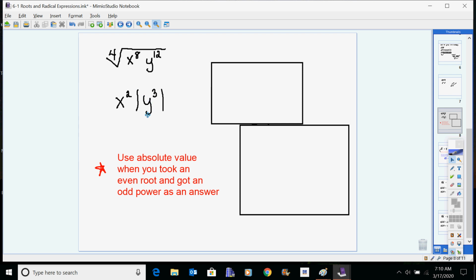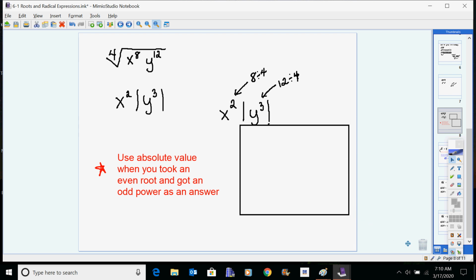So if we cube it, and since we don't know if it's positive or negative, the last little technical step would be to put absolute value bars around anything if you used an even root, an even index, and you ended up with an odd power.